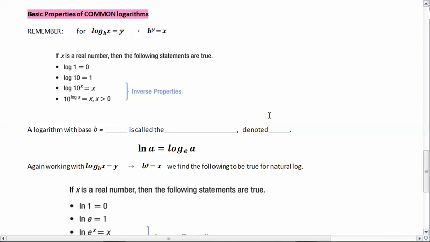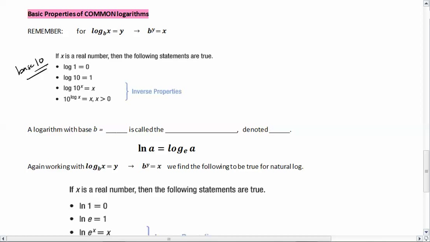So, some more common logarithms. Again, you have to remember log base b of x equals y is the same as b raised to the y equals x. A lot of times you'll see logs without any base, like this one. We just have log of 1. Well, if the base is not provided, it's assuming a base of 10.